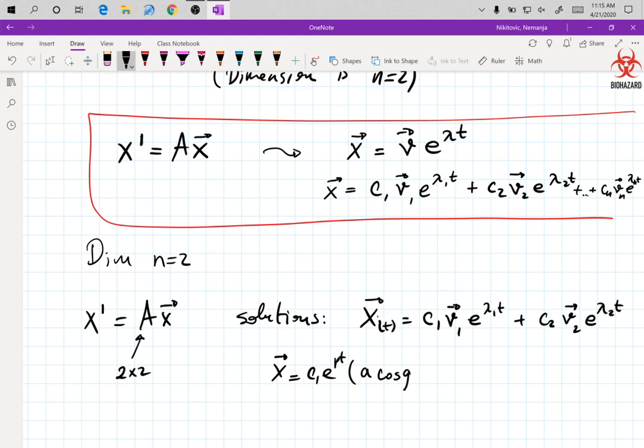Cosine qt minus b sine qt. We used a and b in the beginning, but now we have to have all of the other components because now a and b are our vectors, so it gets to be a little bit confusing with the notation.